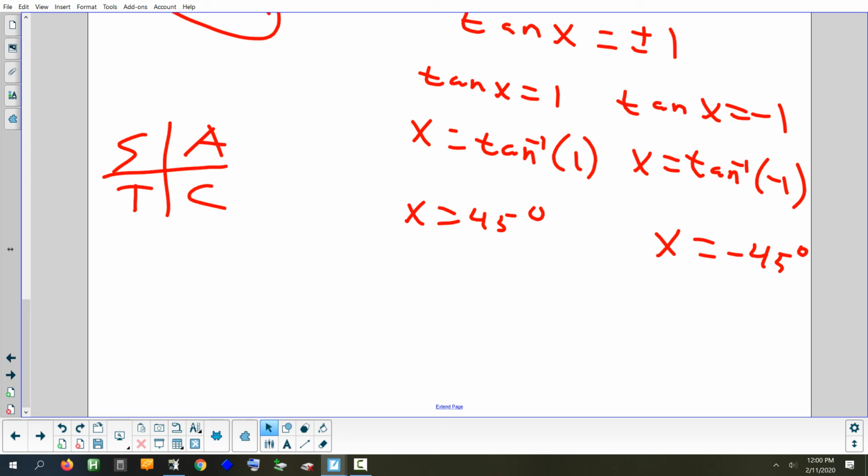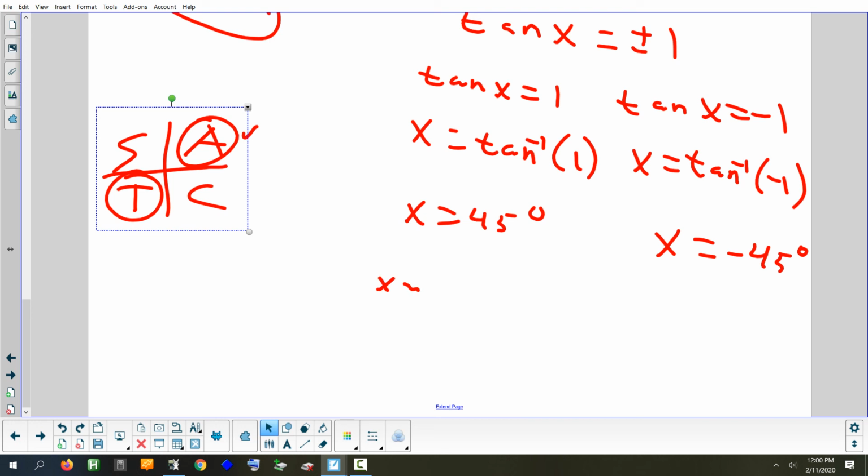Now, we were looking for where, let's start with this one. Tangent is a positive number. Tangent equaled 1. How many places is tangent positive? 2. Here and here. Where's 45 degrees? What's your formula to get an answer in quadrant 3? 180 plus.